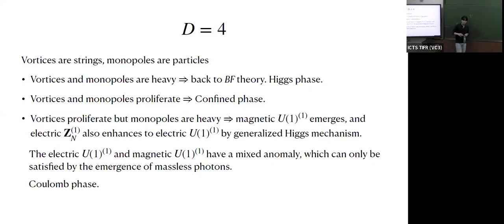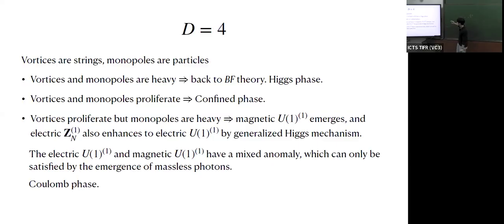Well, in this case, if monopoles are heavy, then you get a conservation of magnetic flux, and hence a U1 symmetry emerges associated with this conservation law. On the other hand, the center symmetry that you started with enhances to U1.